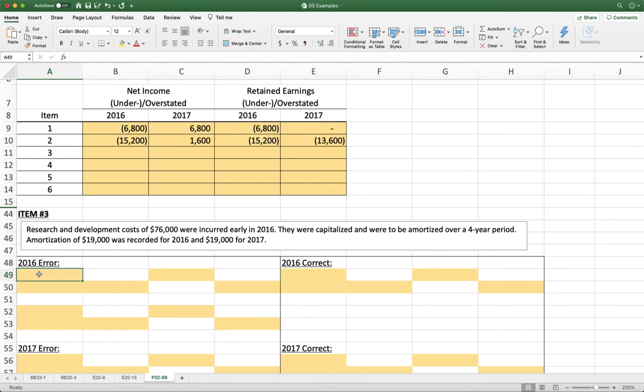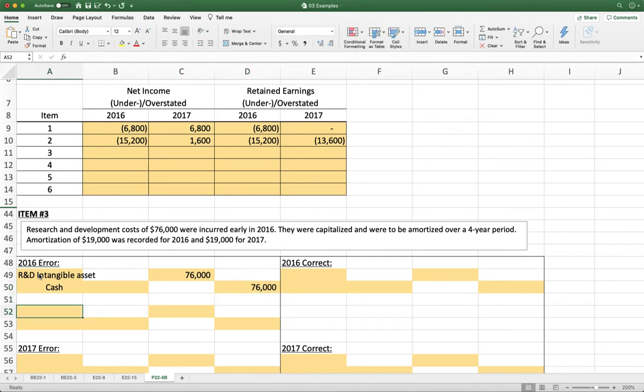Okay, so what they did is they recorded a research and development intangible asset for $76,000 when they paid the cash.